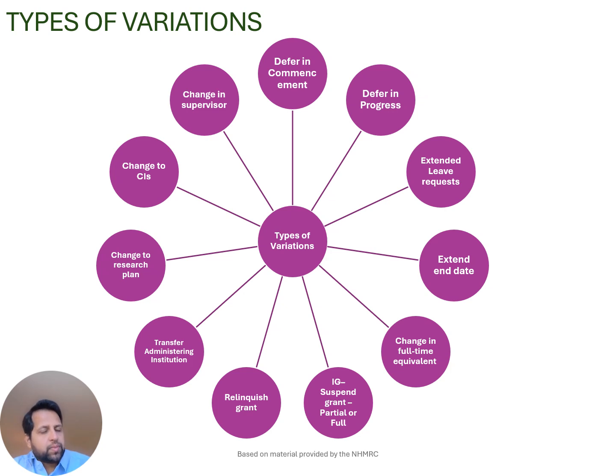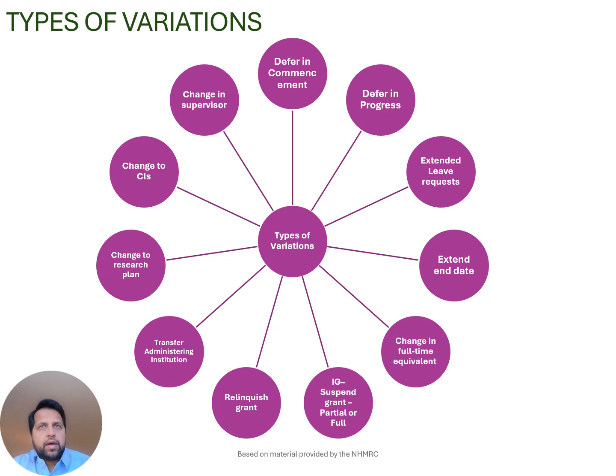Change of research plan is the next one. Change of the research plan happens when your research activity changes. By that, I mean the aims or the objectives of the research change. That is when the research plan variation comes into the picture. Usually, this is approved or considered by NHMRC on a case-by-case basis.